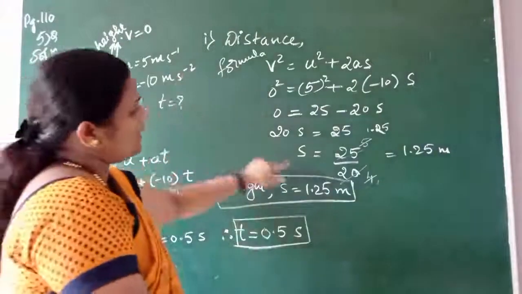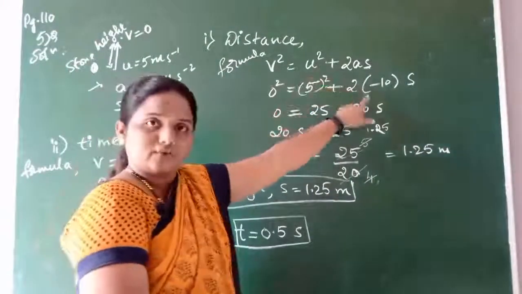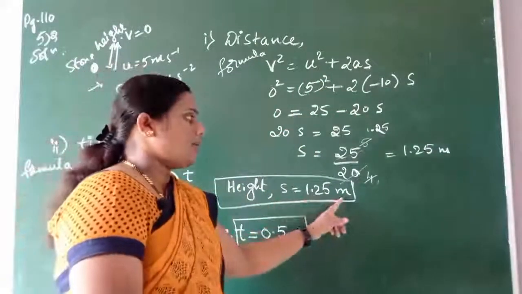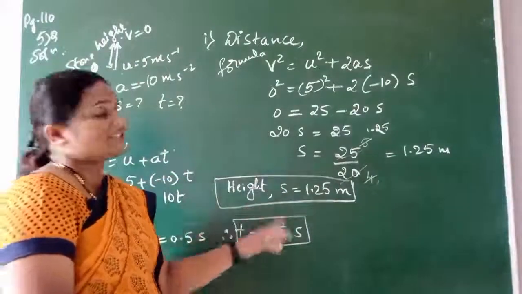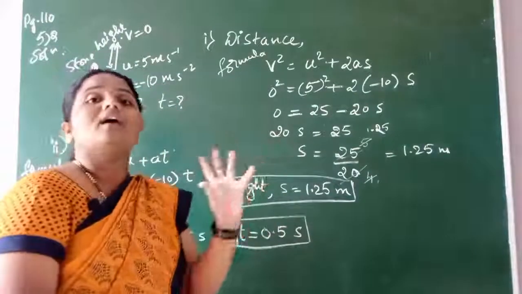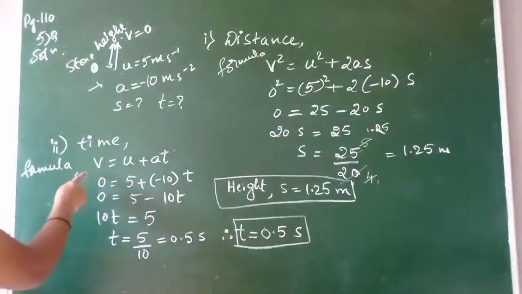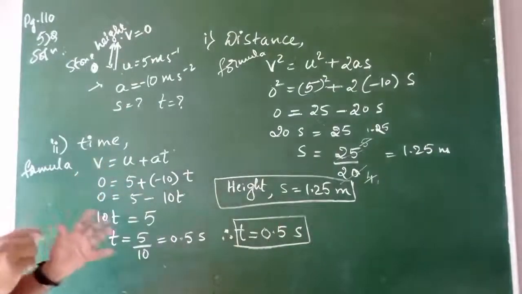Now, to calculate the height, let us use the equation V square equals U square plus 2AS. Then we will get the height. S is equal to 1.25 meter. Here don't get confused. Height and distance in this case are both the same. Okay. Next, to calculate time, let us use one more equation, that is V is equal to U plus AT.